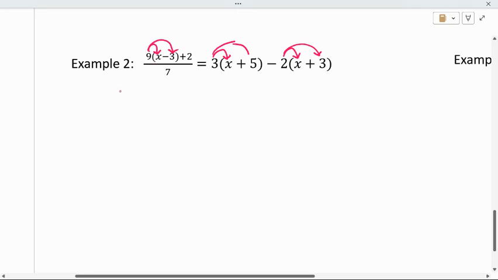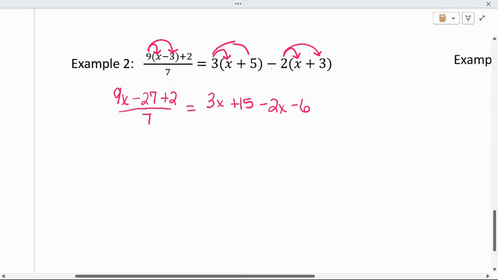So let's see. 9 times x is 9x. 9 times negative 3 is negative 27. I have plus 2 all over 7 equals, let's see, 3 times x is 3x, plus 3 times 5 is 15. A negative 2 times x is negative 2x, and negative 2 times 3 is negative 6.